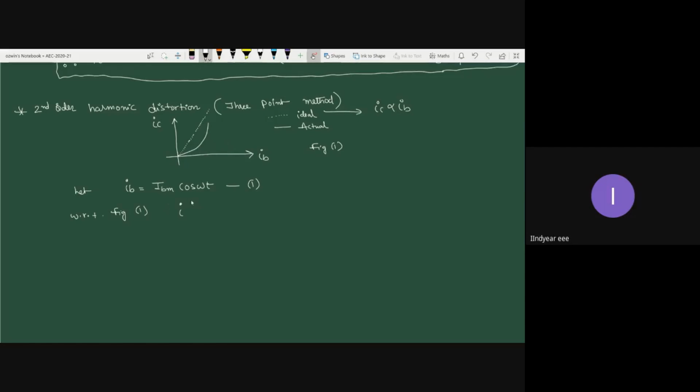Instead of writing IC is equal to beta times IB, we normally write IC is equal to some gain G1 into IB, plus some gain G2 into IB square. The first term G1 into IB is your normal term, because IC is equal to beta times IB, where beta is the current gain. So it follows your ideal behavior.